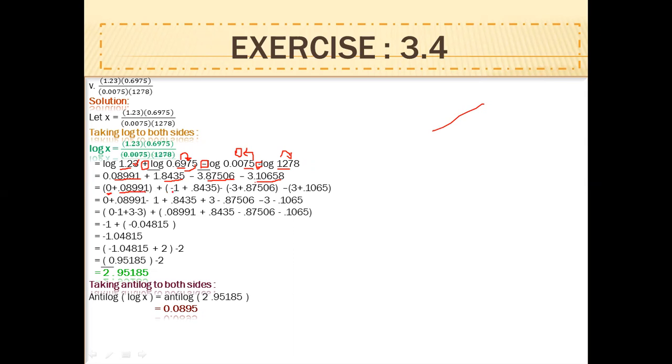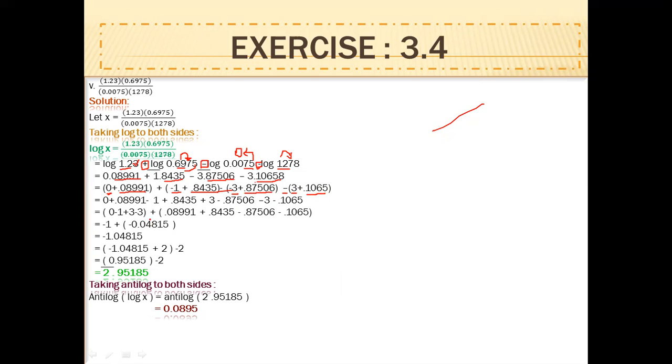Now the next step, we separate the mantissa and the characteristics. 0.08991 will be written as 0 plus 0.08991, minus 1 plus 0.8435, then minus within the bracket because the characteristic is minus 3, so we write minus 3 plus 0.87506, and the last number, the characteristic is plus, so we write plus 3.10658.